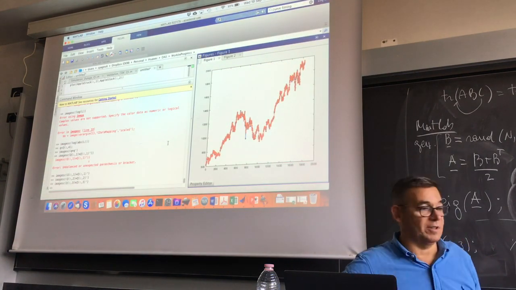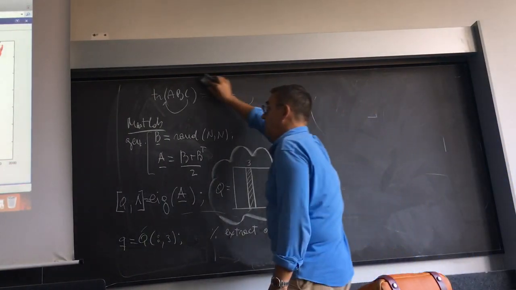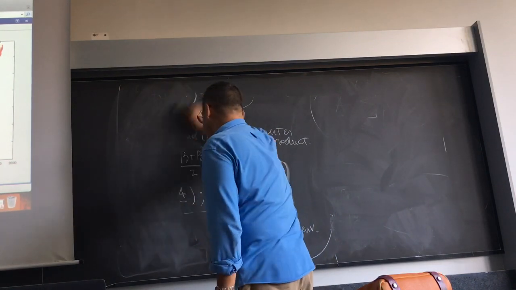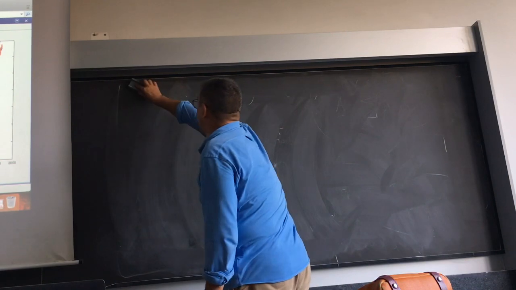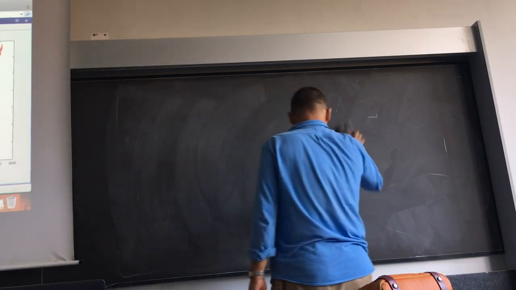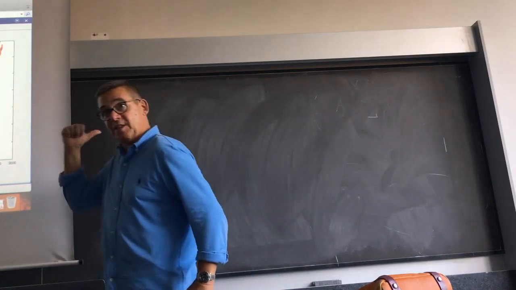So let's do it. Now, I write everything on the board. Then we fix everything on the board, and then we transform everything we do on the board into the code.